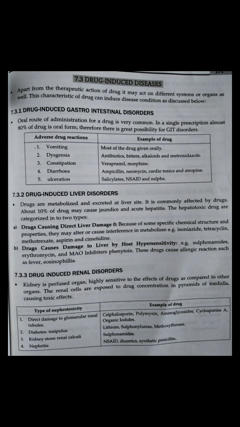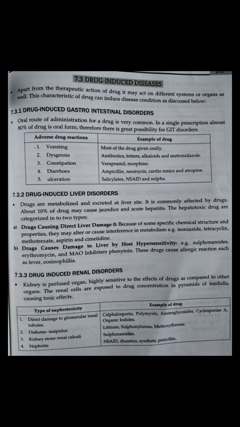Then kidney stone, renal calculi, that is a type of nephrotoxicity, and example of the drug is sulfonamide. Then fourth is nephritis, type of nephrotoxicity, examples are NSAIDs, diuretics and synthetic penicillin. These are the drug induced renal disorders.